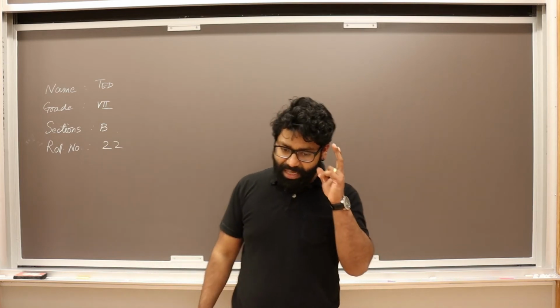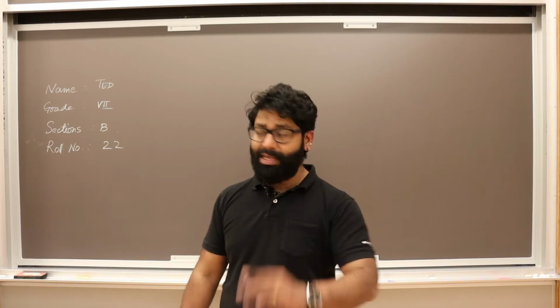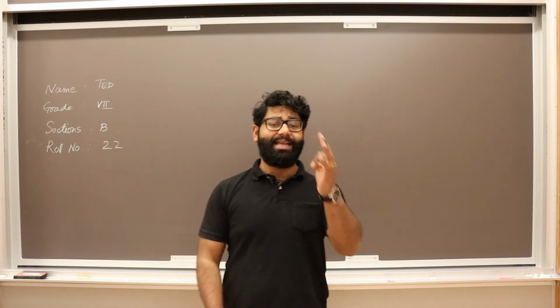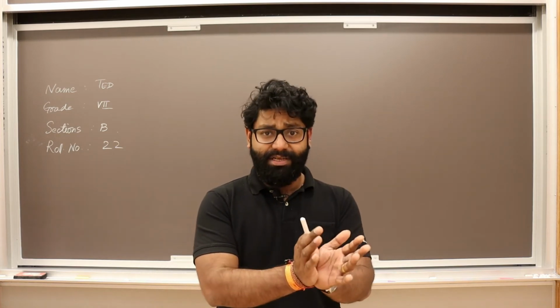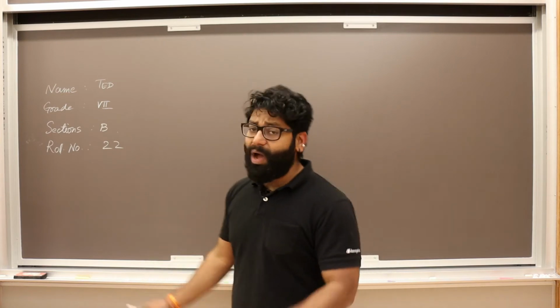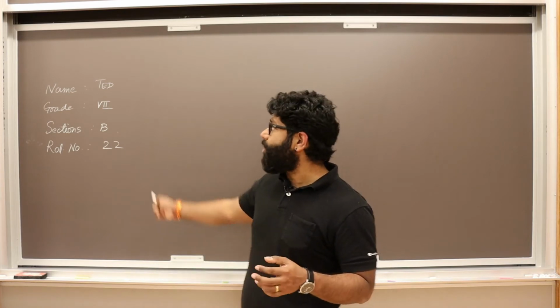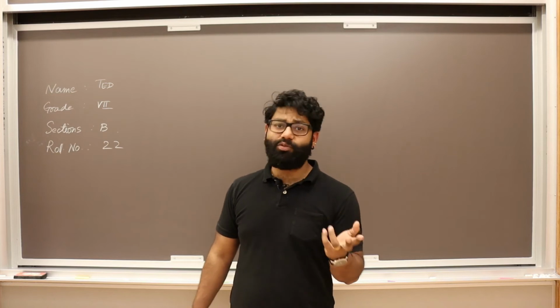But how will you identify a student uniquely in a school? A set of these 4 will give you a unique set of identifiers for a particular student. What that means is no other student in your school will have all these 4 things the same. It has to differ.